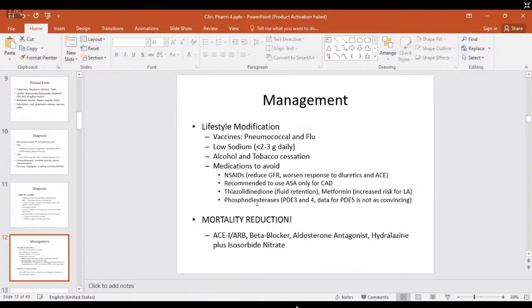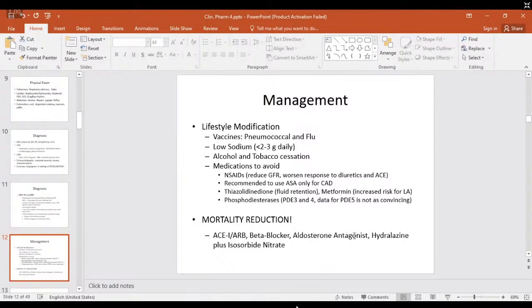We shouldn't avoid to include in patients with heart failure in their therapy the following drugs because they reduce mortality. ACE inhibitors or ARBs, so either of them. Beta blockers, we're going to see which.